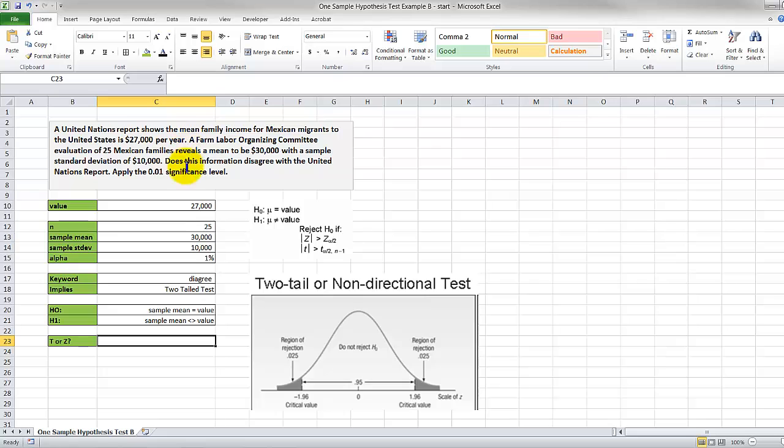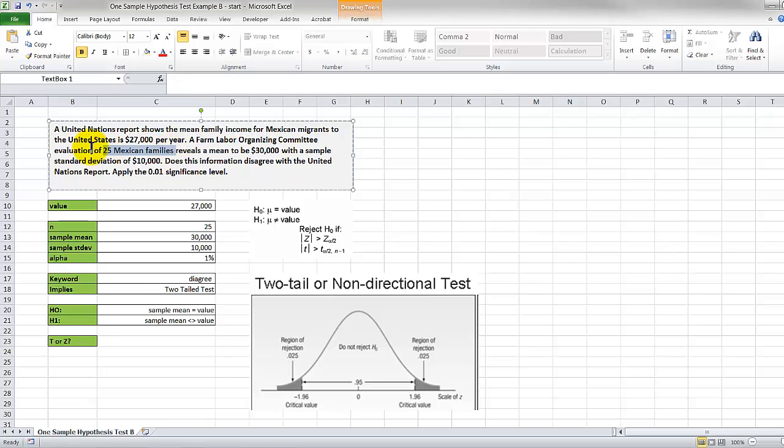Right here, we can't assume that there's only 25 Mexican families in the world. So that is, of course, absurd. So this is information about a sample. 25 Mexican families, we know there's a lot more than that. So this is a sample.